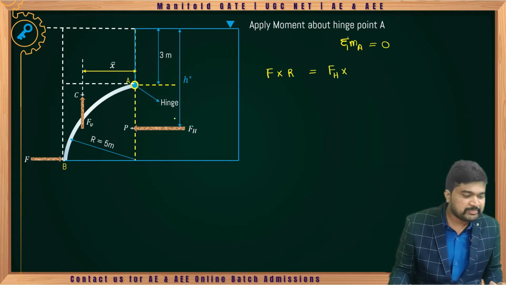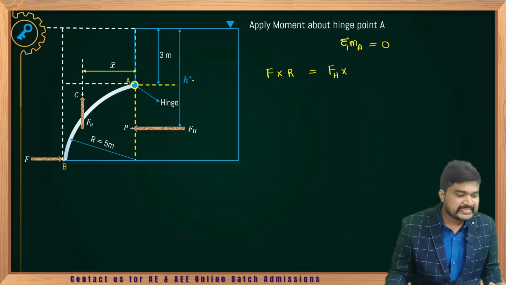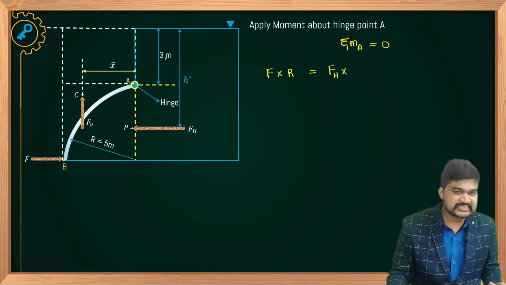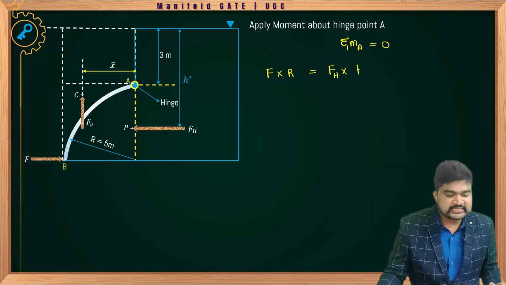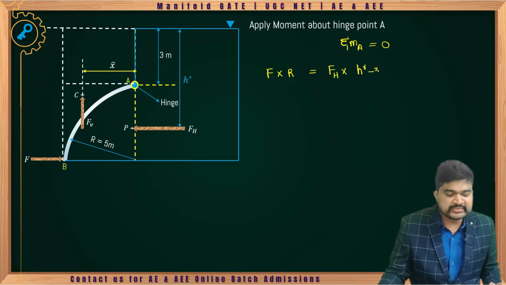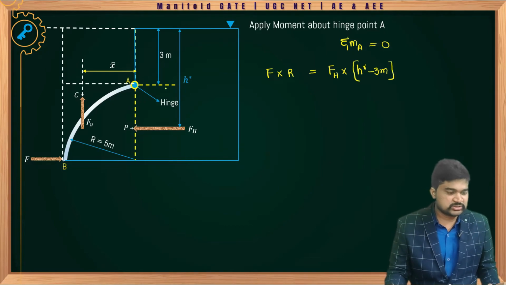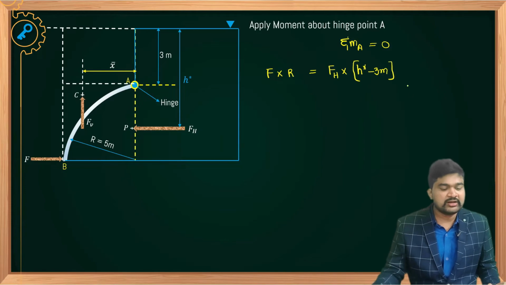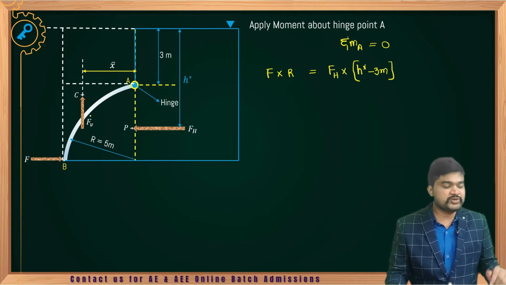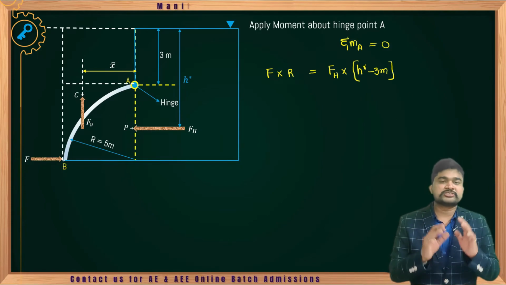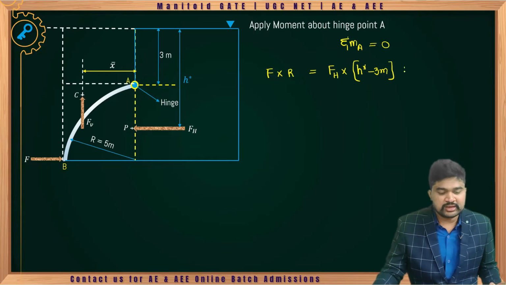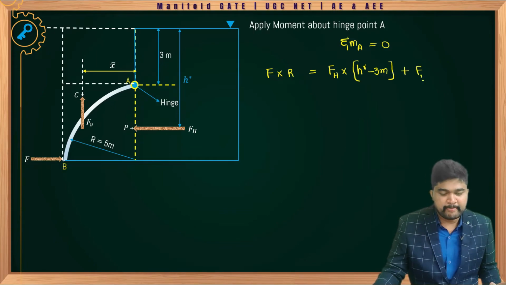That is equal to, tell me, how much are you getting? H star minus 3, correct? H star minus 3 meter, and that is in the clockwise direction. So this distance we need to take. Next, moment of FV about point A is also clockwise: FV into x bar.